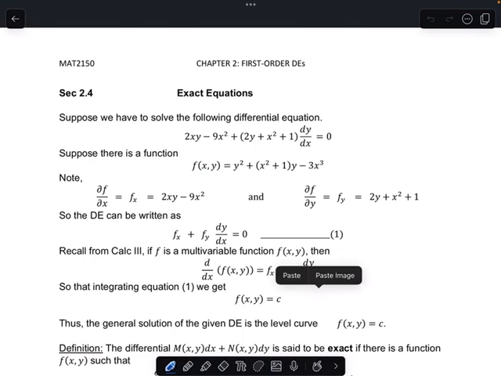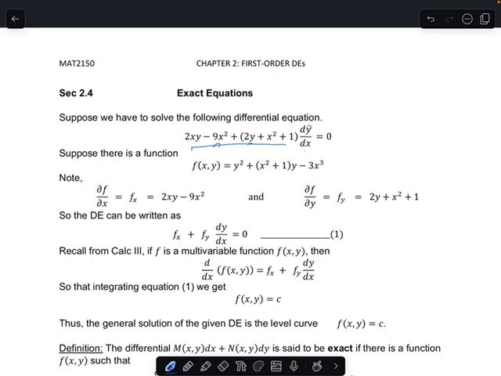Okay, so how do we figure out if an equation is exact or not, and how do we solve an exact equation? So suppose that we are given an equation of this type. You can see this is not a linear first order equation, because we can separate the sum of the x y terms.